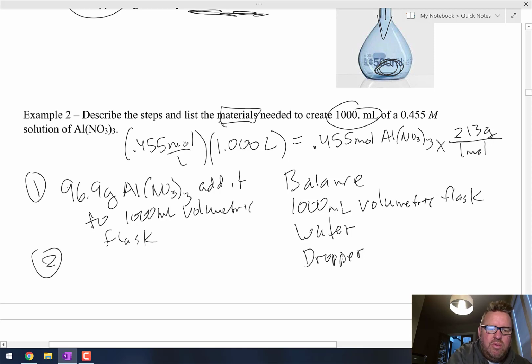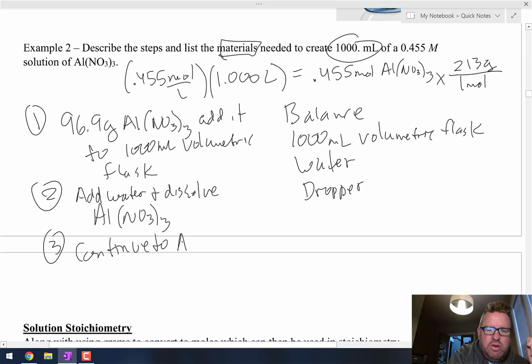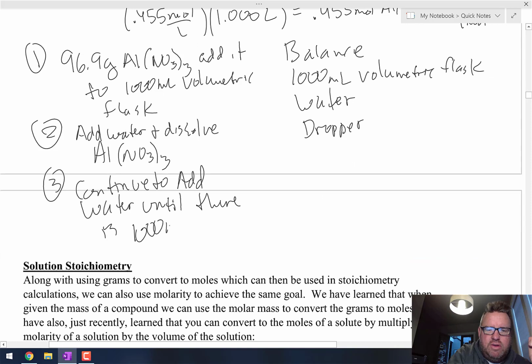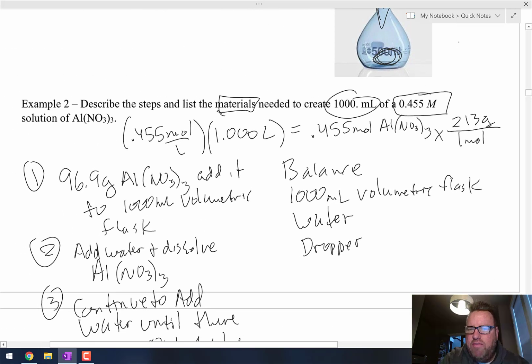Okay, and then we're going to add water and dissolve the AlNO33, and then we're going to continue to add water until there is 1,000 milliliters of solution. Okay, and then you will have created a 0.455 molar solution of aluminum nitrate.